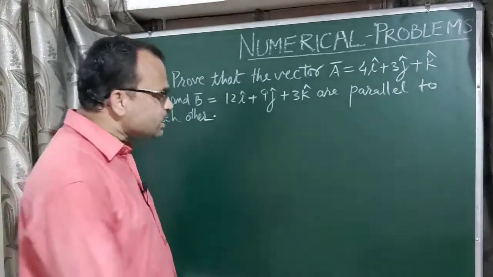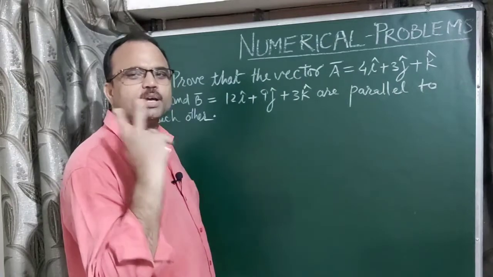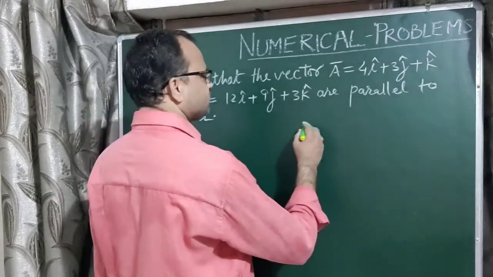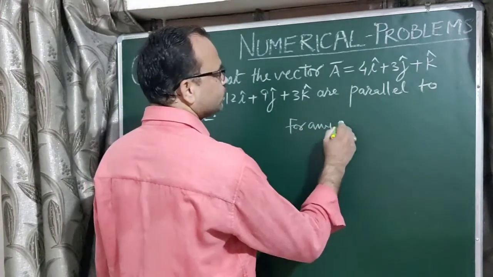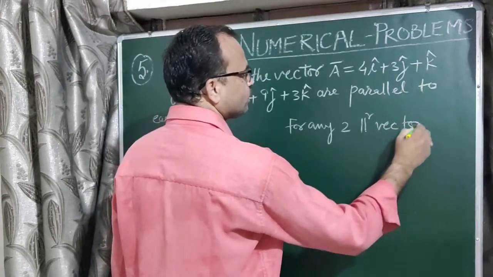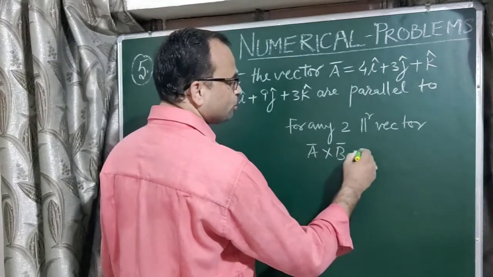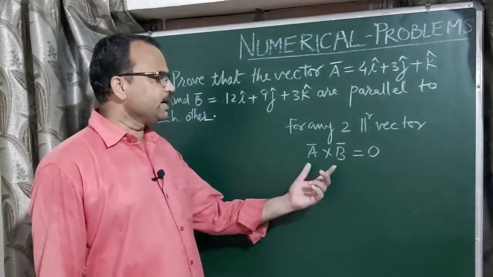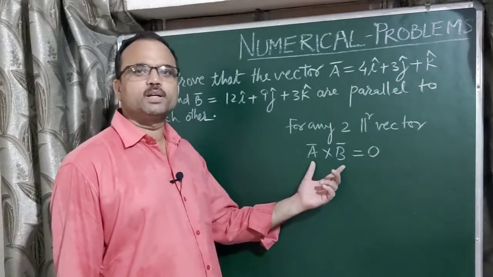As we know, for any two parallel vectors, A vector cross B vector should be equal to 0. But the problem is, how can we find the value of A vector cross B vector?